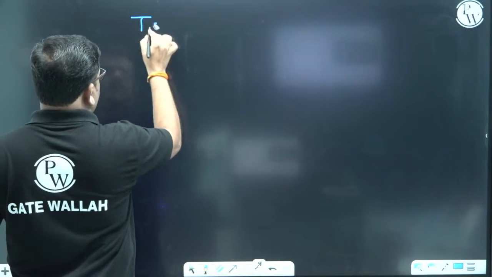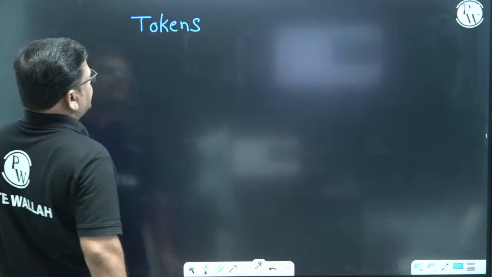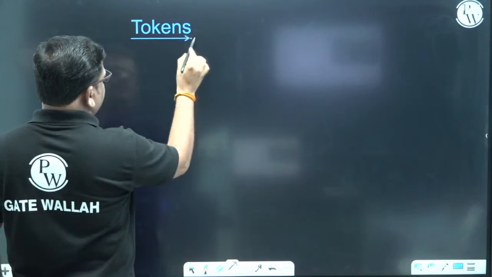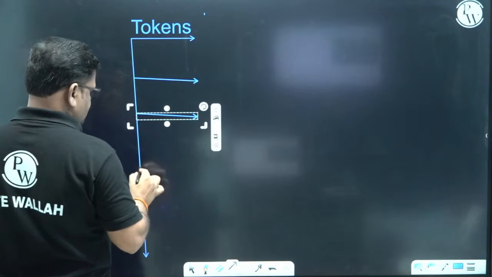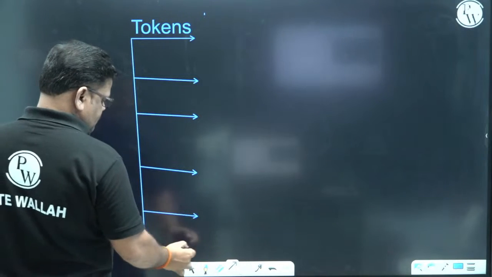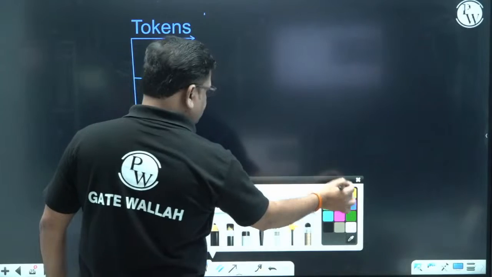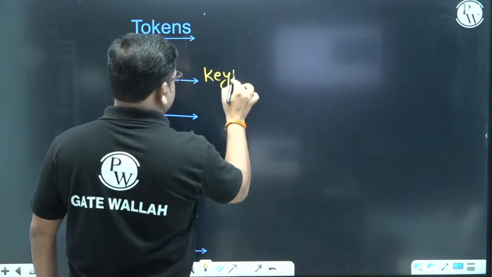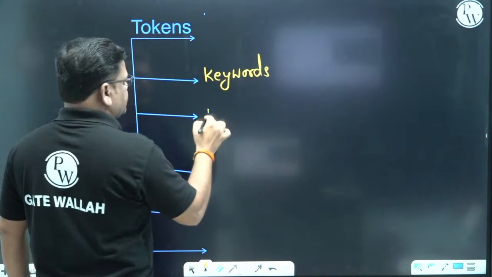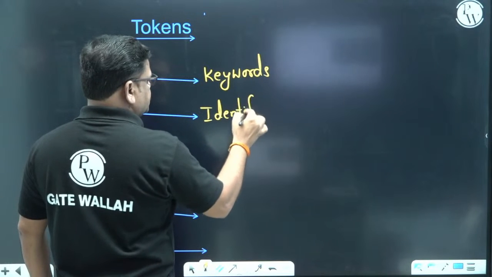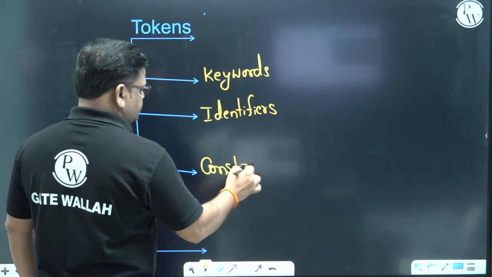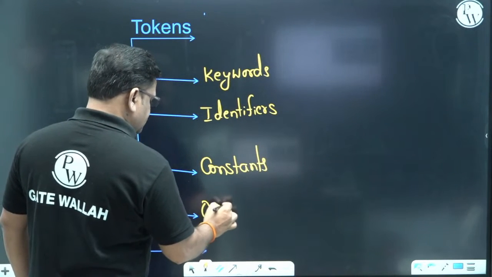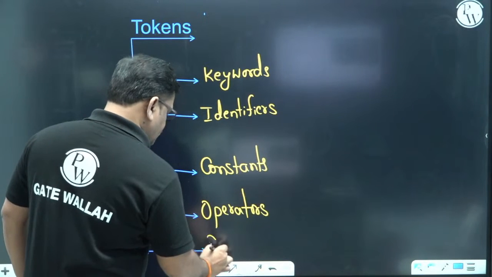Generally the normal tokens are: first keywords, then identifiers, then constants, then operators, then special symbols.